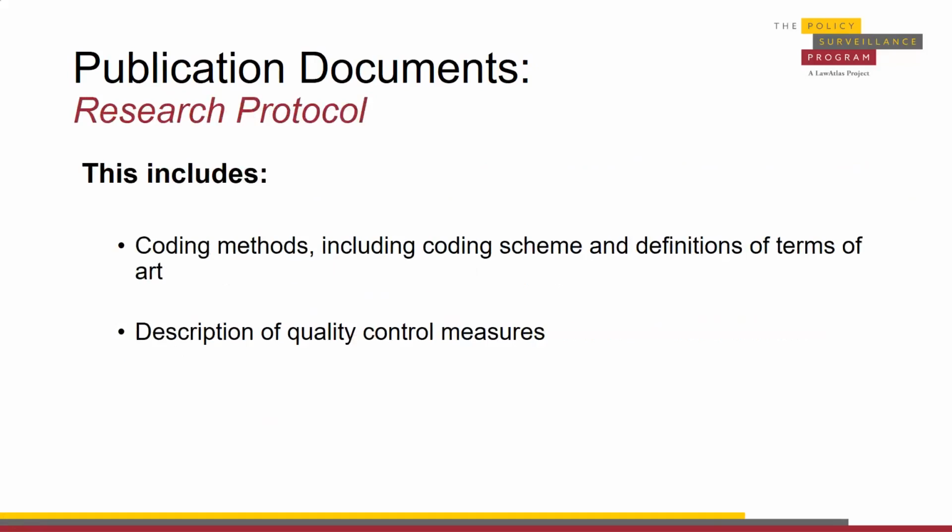Additionally, the research protocol will also include coding methods, including coding schemes and definitions of terms of art, and descriptions of quality control measures. We're going to get into these in later ones, and you'll see what we mean exactly by all this, but basically, you'll note that every step that we take in the policy surveillance process is recorded in some way on the research protocol.